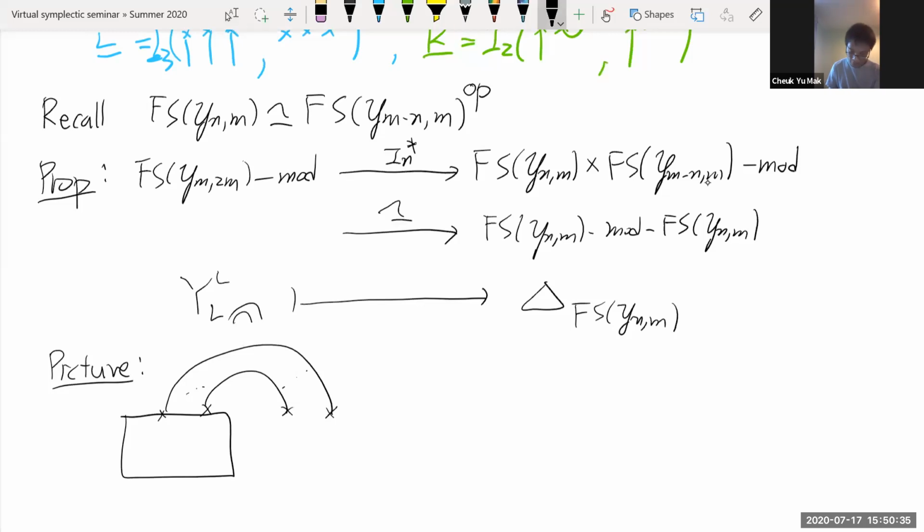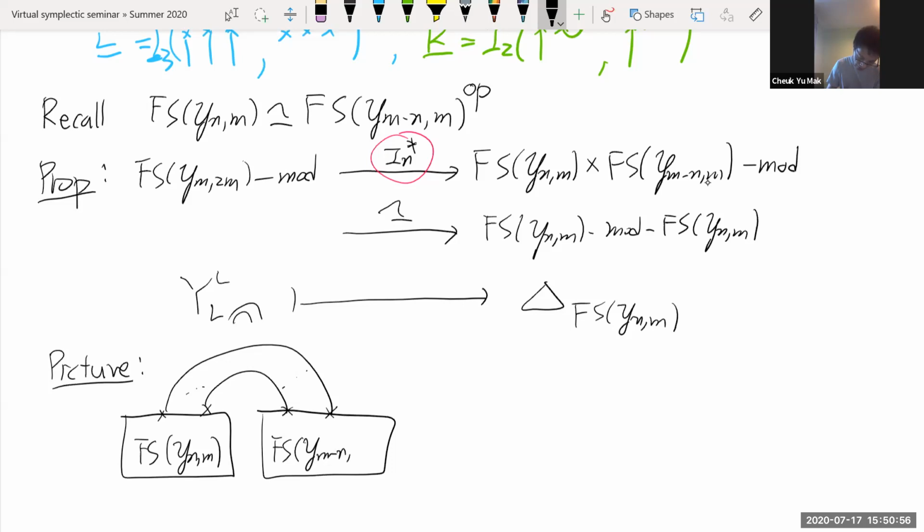After taking pullback along this IN, it corresponds to you put some object in the Fukaya-Seidel category of YNM here, and then you put another object of Yn minus M minus N, M here.